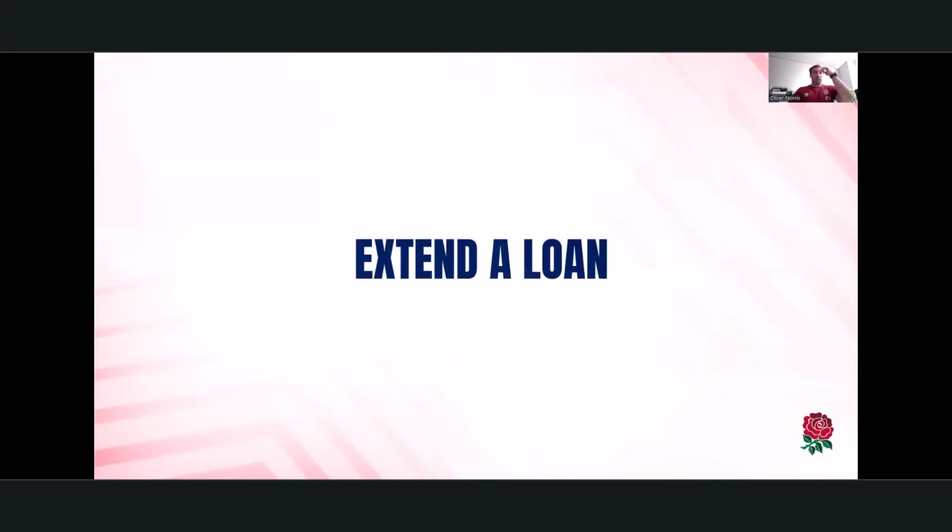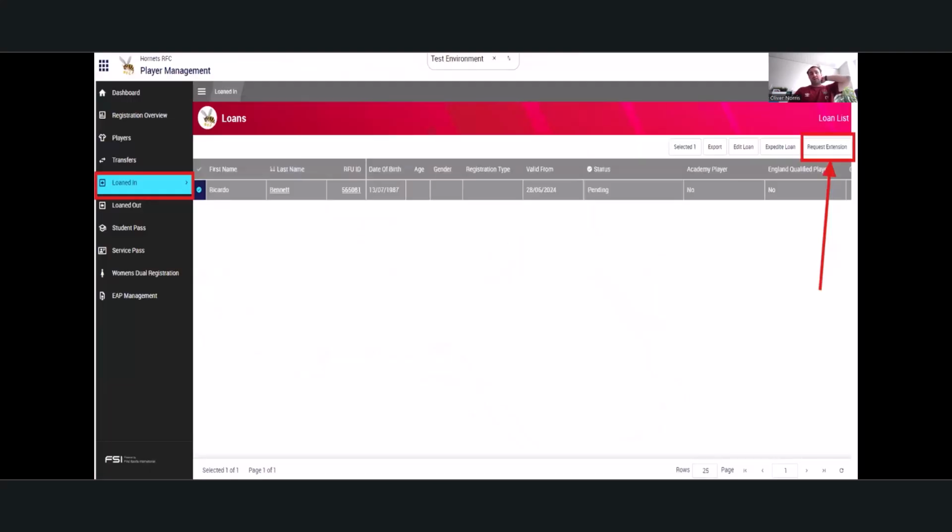I think we just go into a little bit more detail here around extending a loan. When you want to extend the loan, what is ordinarily done is you would email your RFU registrar.